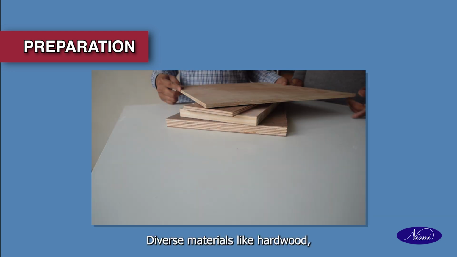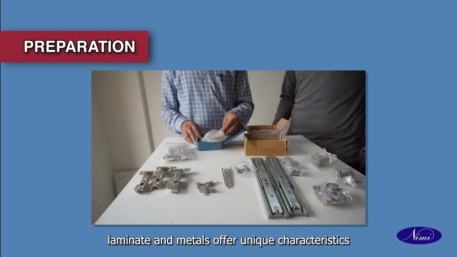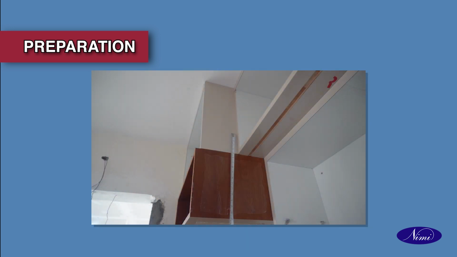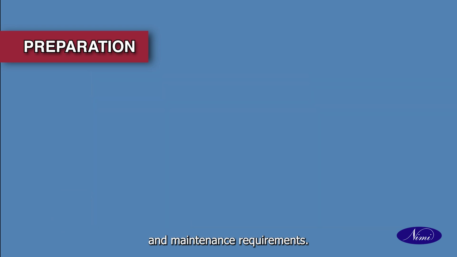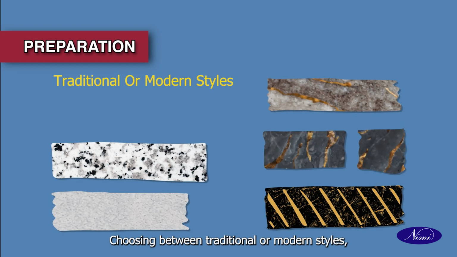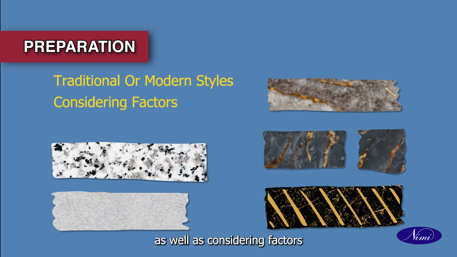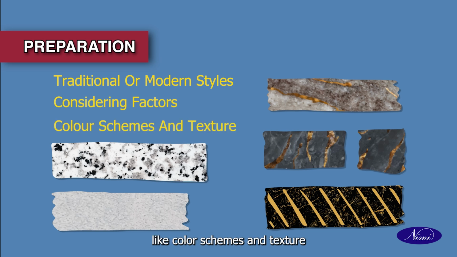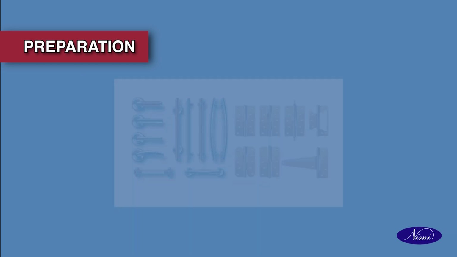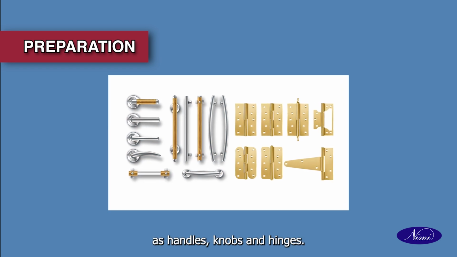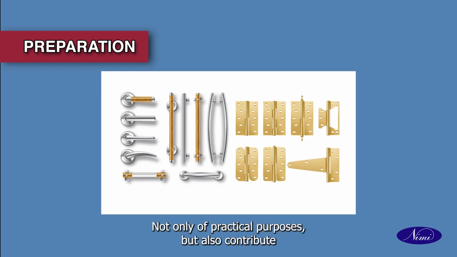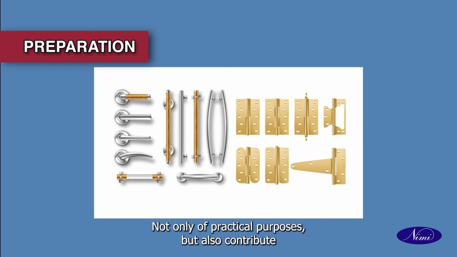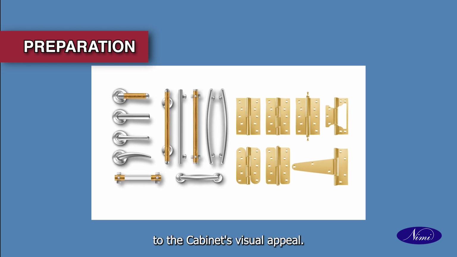Diverse materials like hardwoods, laminates, and metals offer unique characteristics in terms of durability, style, and maintenance requirements. Choosing between traditional or modern styles, as well as considering factors like color schemes and texture, can significantly influence the overall design ambience. Accessories such as handles, knobs, and hinges not only serve practical purposes but also contribute to the cabinet's visual appeal.